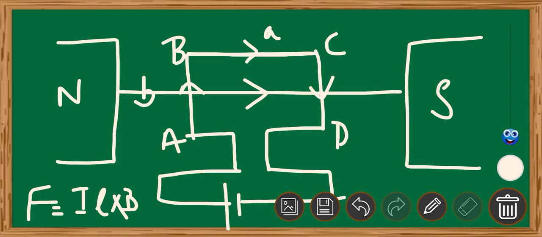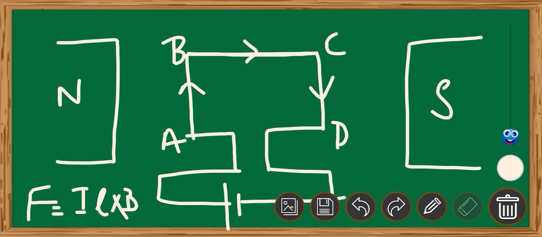So I L cross B becomes I L B sine 0, which is equal to 0. So the magnetic force acting on BC as well as AD of this current carrying loop is 0.